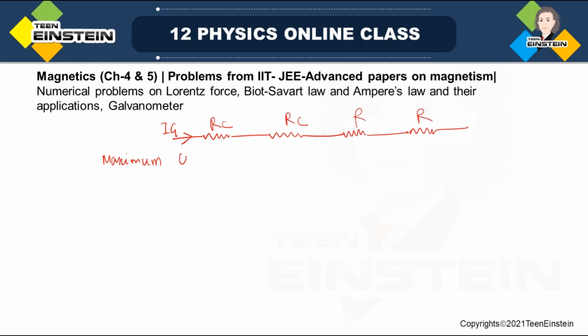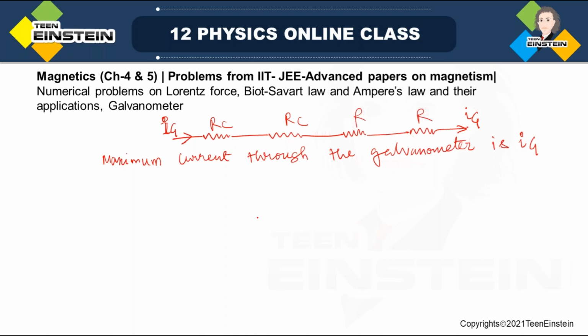So maximum current through the galvanometer is Ig, I am writing a small letter Ig. So we can understand that throughout this the current will be Ig only.